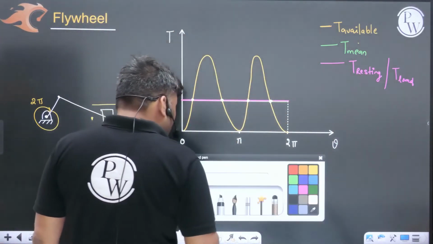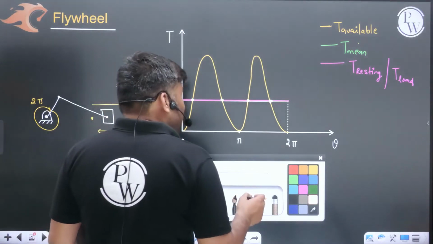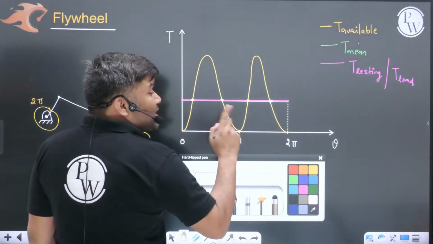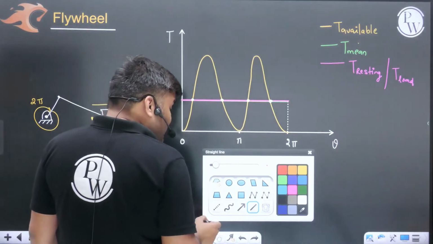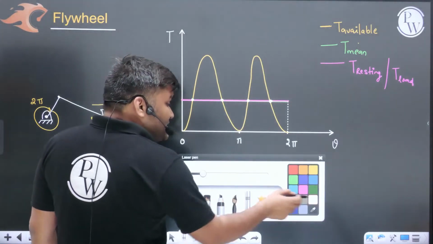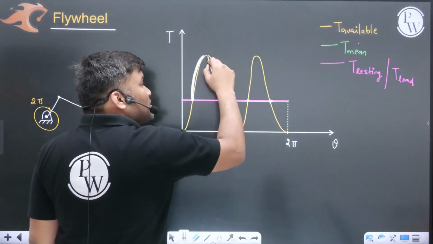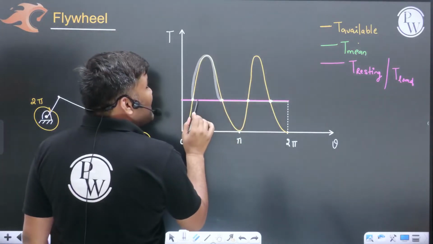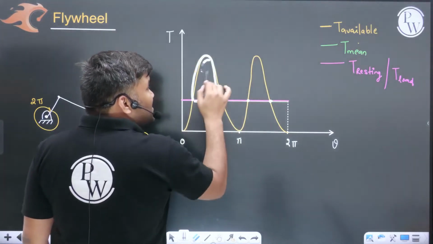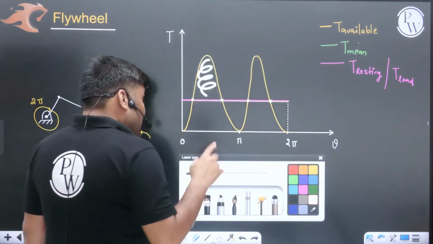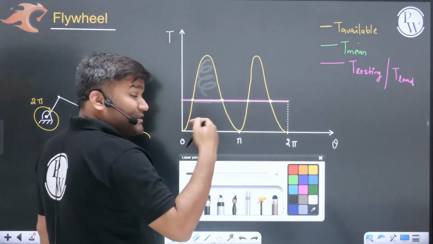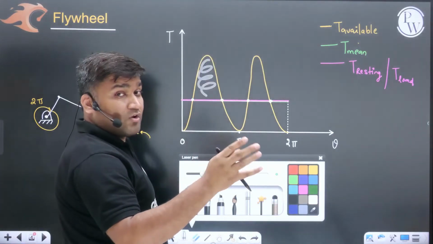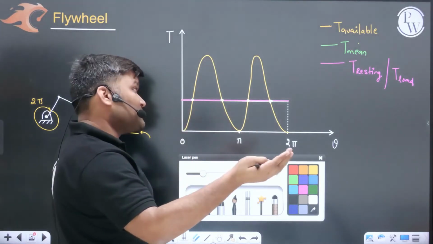And what is that role? Listen carefully. Whenever a surplus amount of energy is there, what is the meaning of surplus energy? Torque being produced is very high, requirement is very less. So this is the excess energy being produced, and if you are not going to use it, it will be wasted.